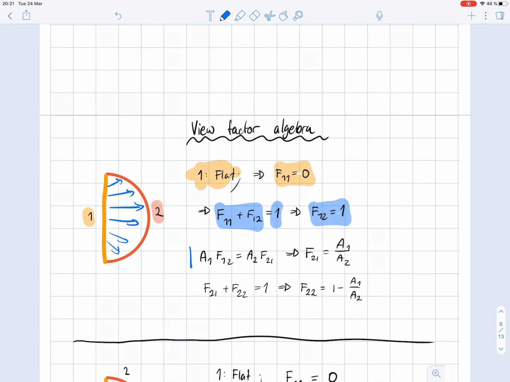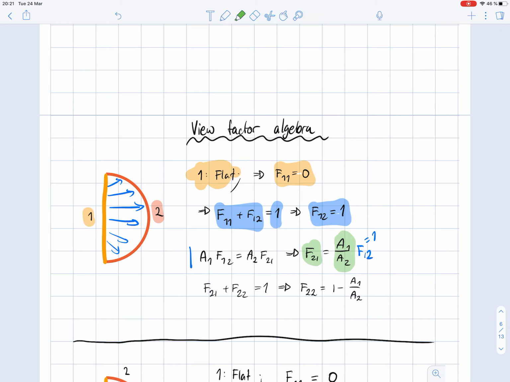Similarly, we go back to the reciprocal relation in order to determine F21. Again, this is given by the ratio of the areas. Again, this should have been multiplied with F12, but F12 is equal to unity, so we skip it.